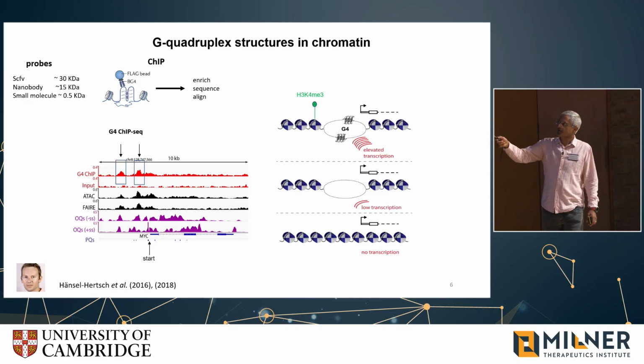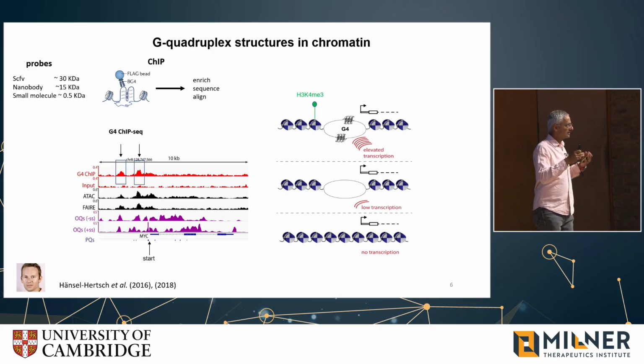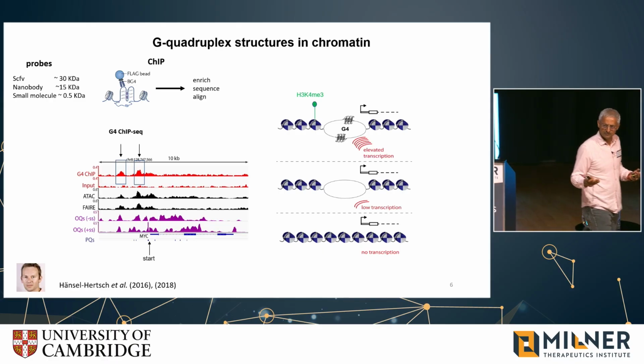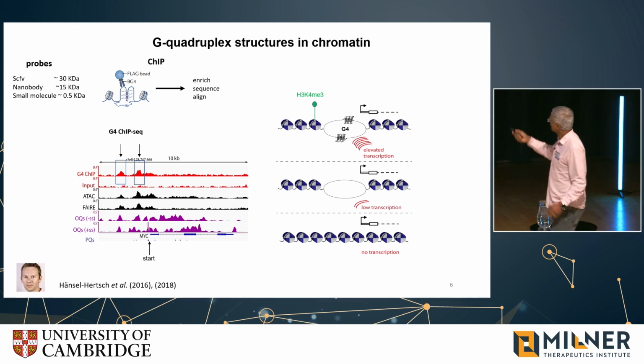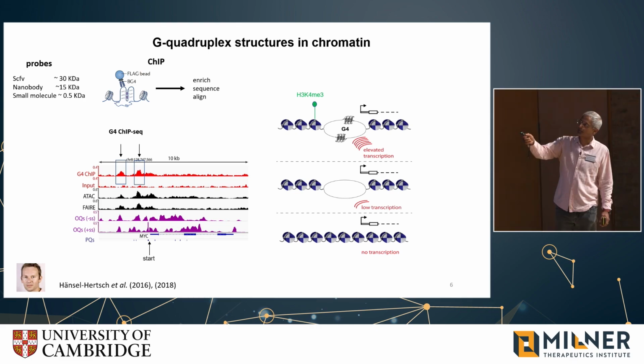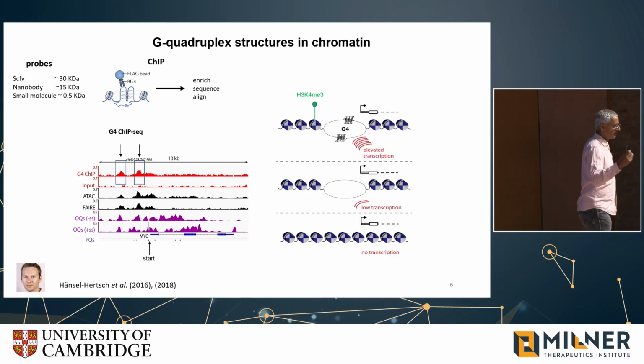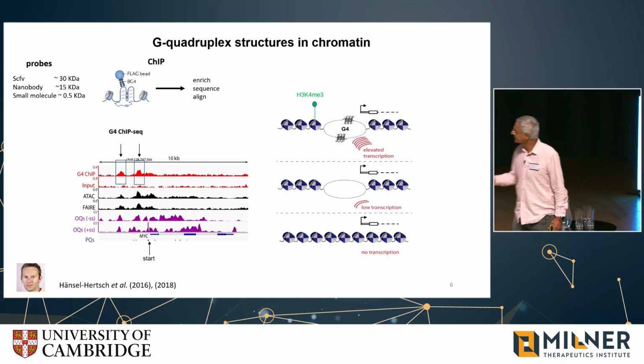And we also see that these structures form in a way that tracks other canonical epigenetic features, such as histone marks. They are anti-correlated with DNA methylation and chromatin structure itself. So they seem to be a feature in chromatin that is, at the very least, correlated with epigenetics.